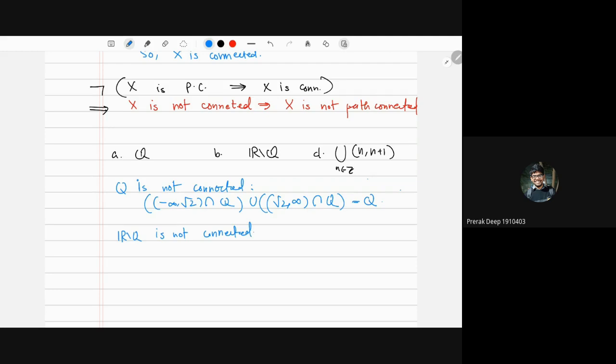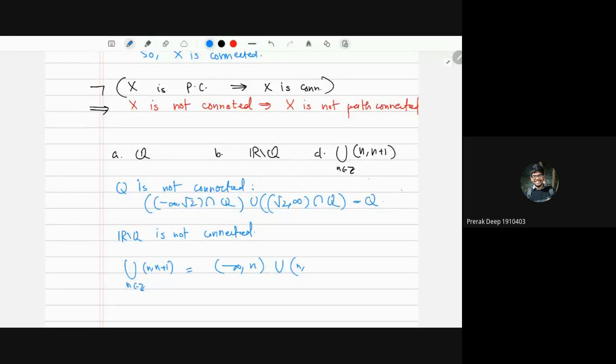And similarly for D, which is nothing but the union of intervals, you can consider this separation: minus infinity to n union n to infinity. Clearly this is a separation, with the intersection with this space on both sides.